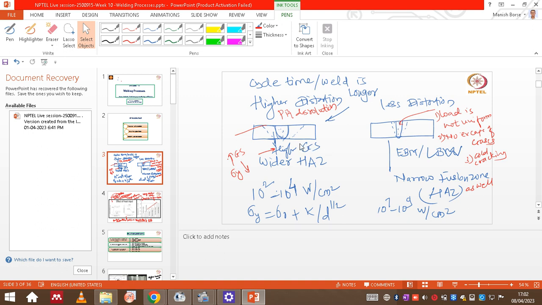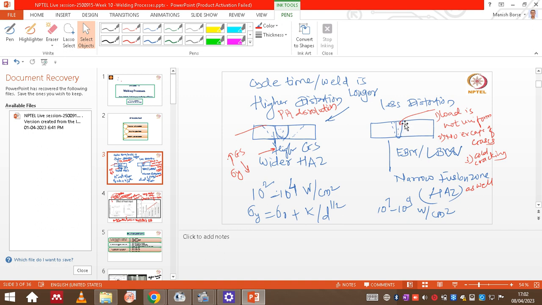From the examples we saw, there is a huge difference between the energy density values of the laser beam and arc welding processes, right? As the energy density is higher in the power beam processes, we can ensure larger penetration depth and a very narrow fusion zone as well as heat affected zone.